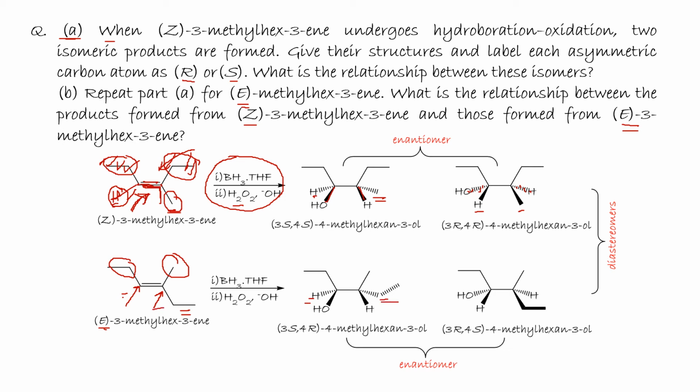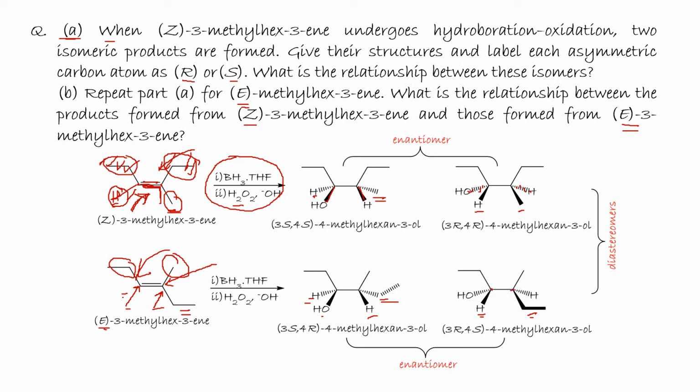And H and OH will be in front. If the H and OH come from the back, then the hydrogen will be in front and the ethyl group will be in front.